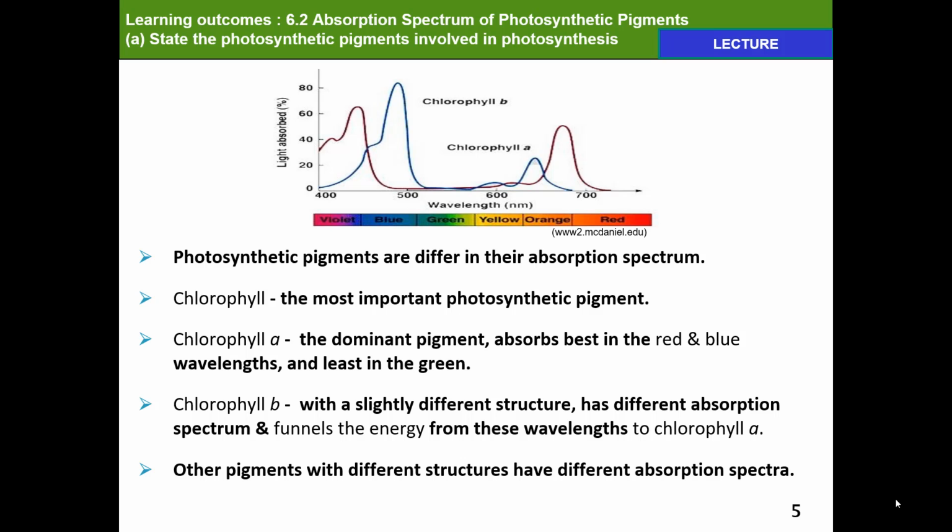Photosynthetic pigments differ in their absorption spectrum. Chlorophyll is the most important photosynthetic pigment in plant leaves.